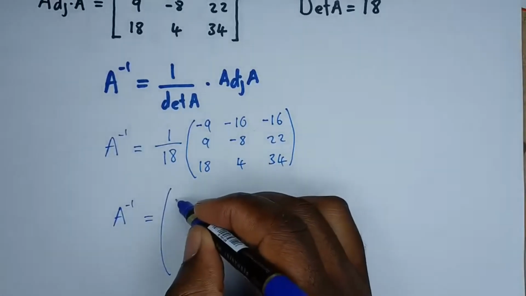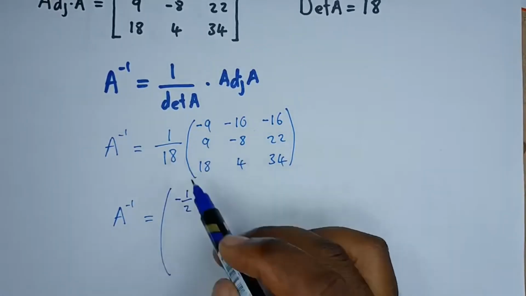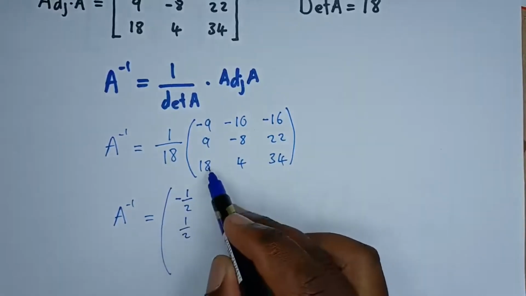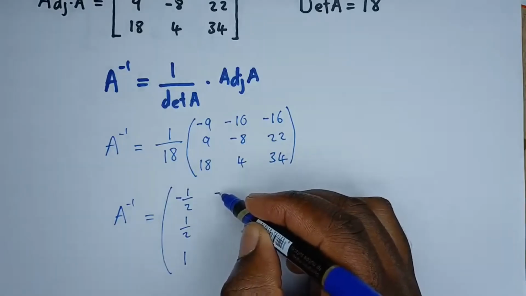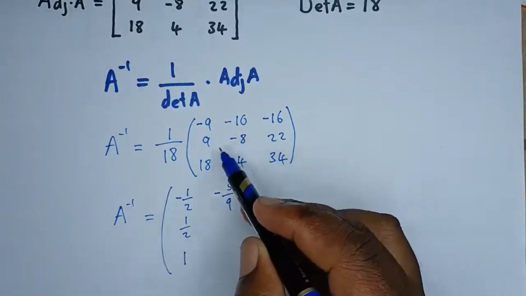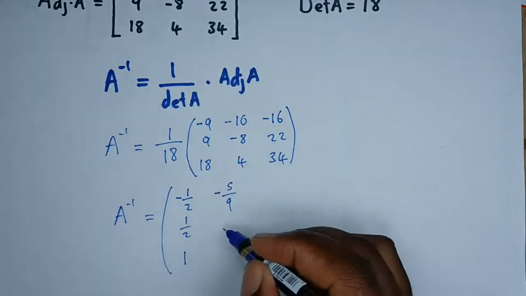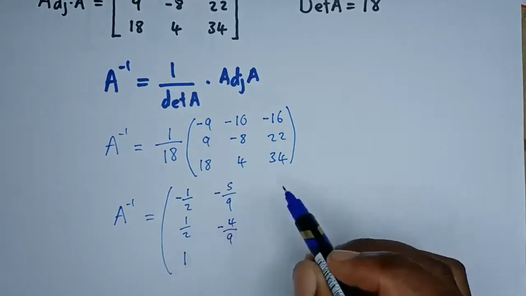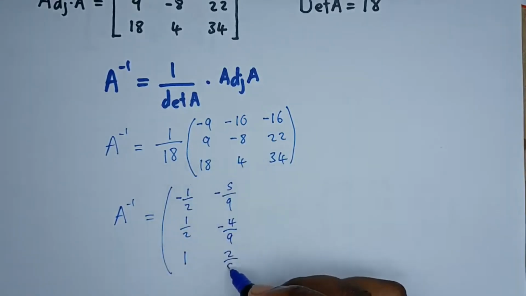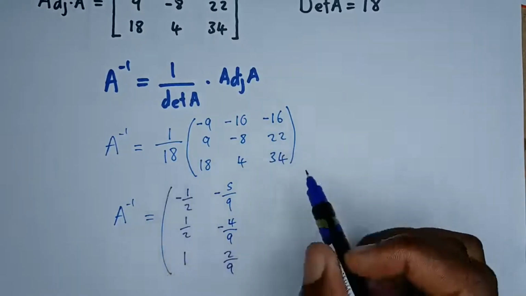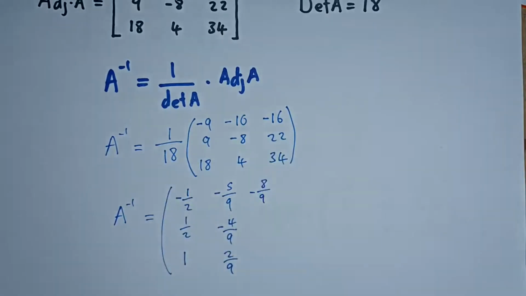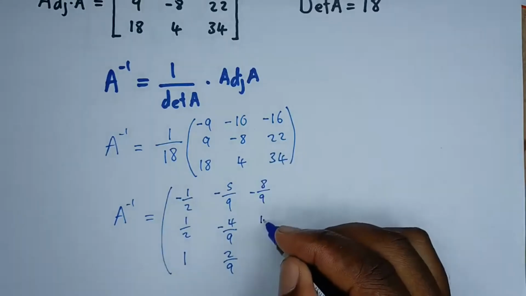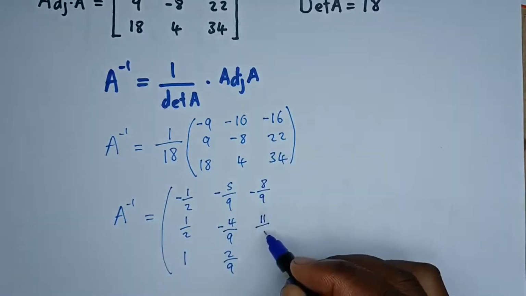Negative 9 over 18 is the same as negative half. 9 over 18 is the same as half. 18 over 18 is just 1. 10 over 18 can be reduced to 5 over 9 if we divide by 2, so it will be negative 5 over 9. 8 over 18 is simply negative 4 over 9. 4 over 18 is simply 2 over 9. 16 over 18 will be negative 8 over 9. 22 over 18 can be reduced to 11 over 9.